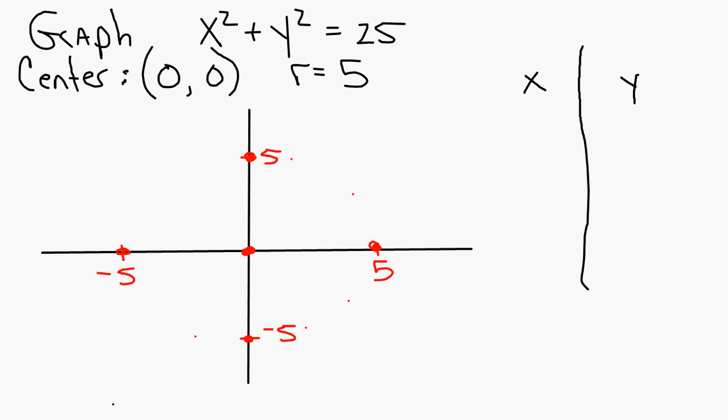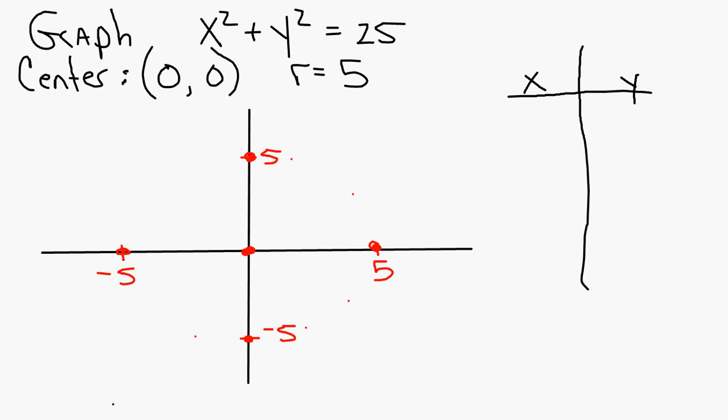Who could tell me what they would use for an x? What could you use for an x value to insert into this equation? 3. Would you use 7? Why not? It's not going to be on the circle, is it? It's too far out there to the right. Okay, so 4, because the book used 4. Or maybe something between 0 and 5, right?